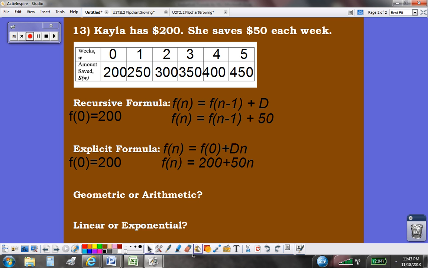Alright, this time, okay, it's increasing by 50, so therefore it's arithmetic, or arithmetic, depending on how you want to say it. Now, picture this in your head. You're going up by 1s along the x, but increasing by 50s along the y.